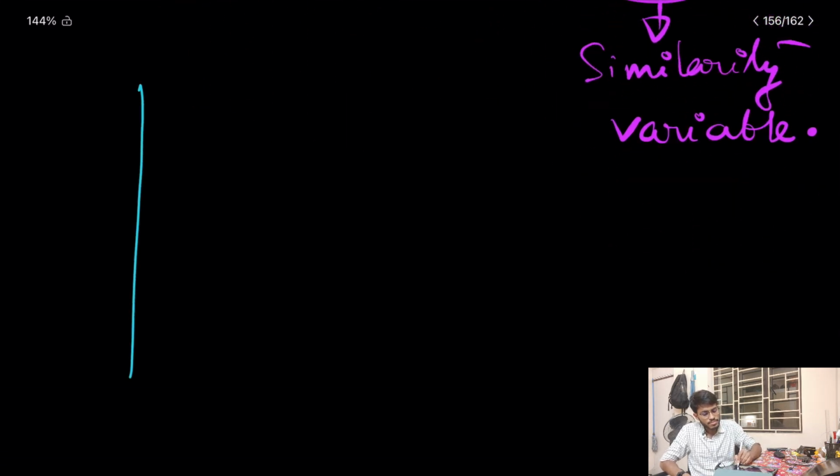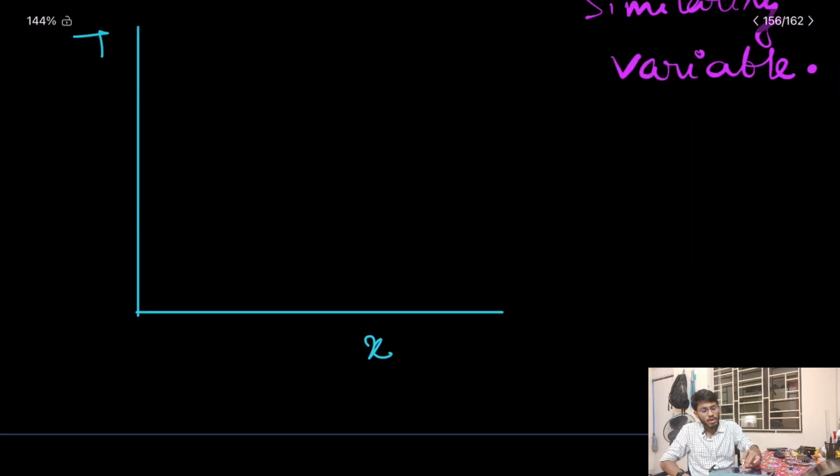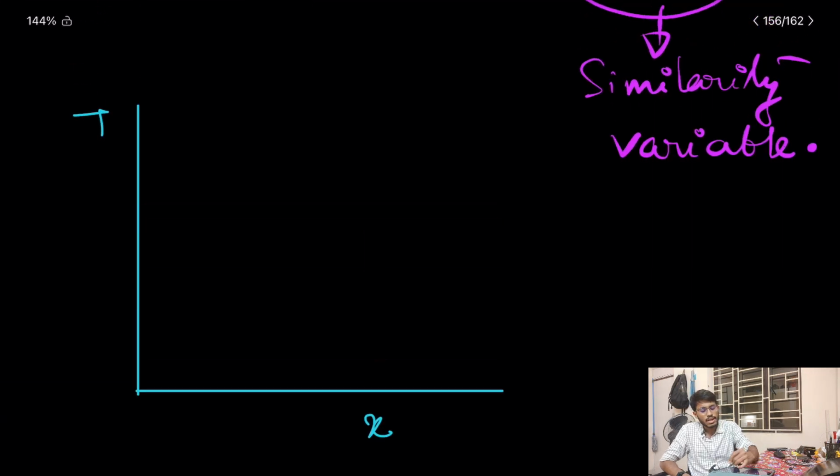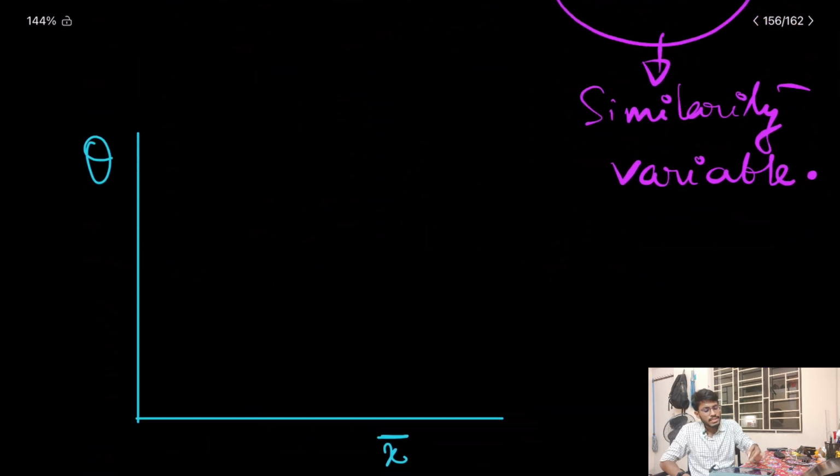I will give one more interpretation. I mean, you can do the same exercise for the tx plane, or let me do it for the theta x bar plane only. So theta x bar. Okay, now my theta x bar can look like this.